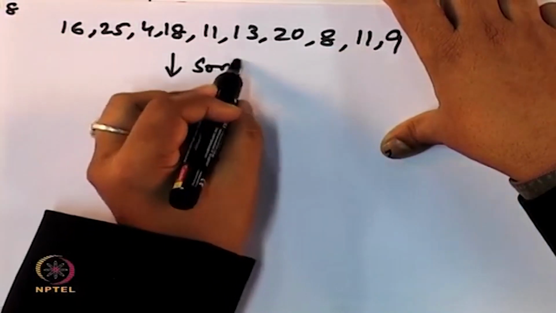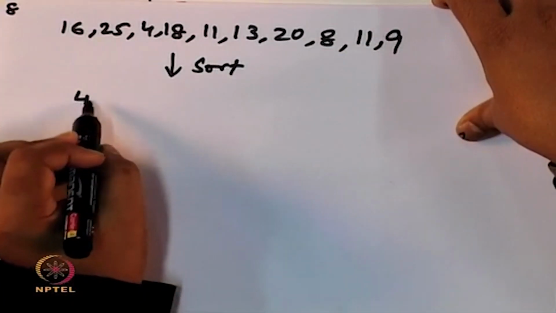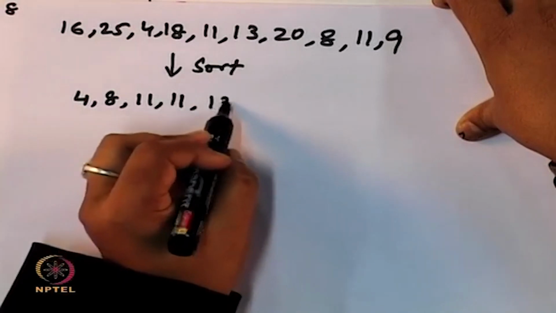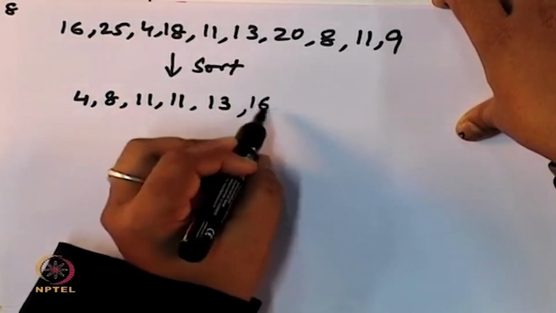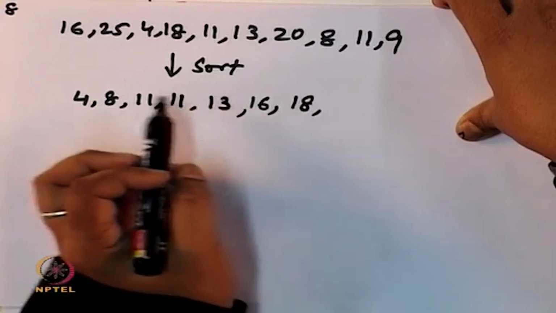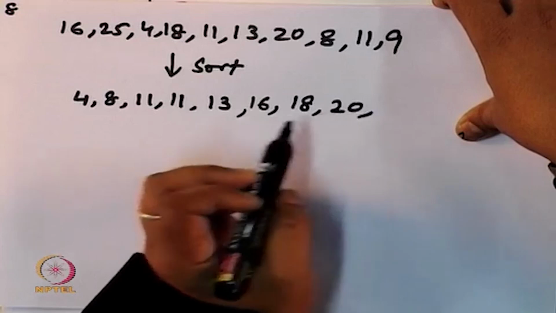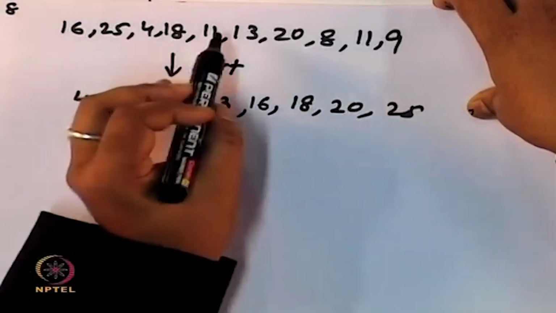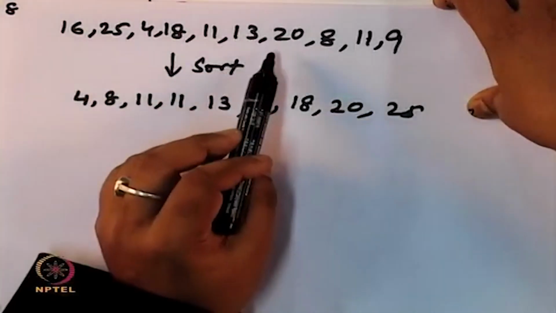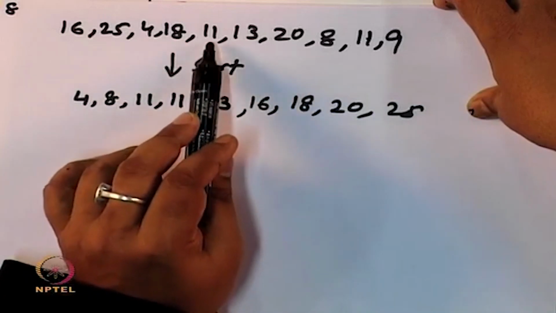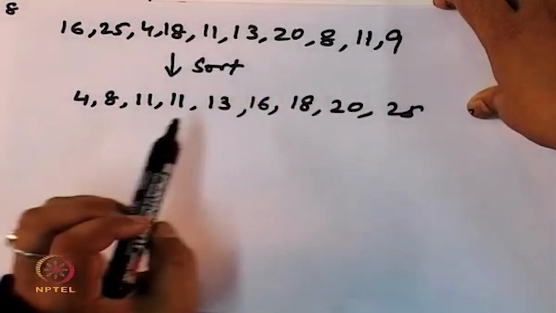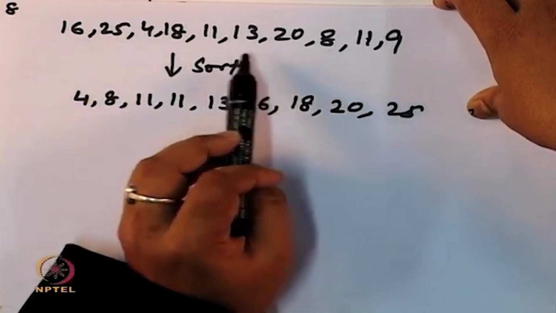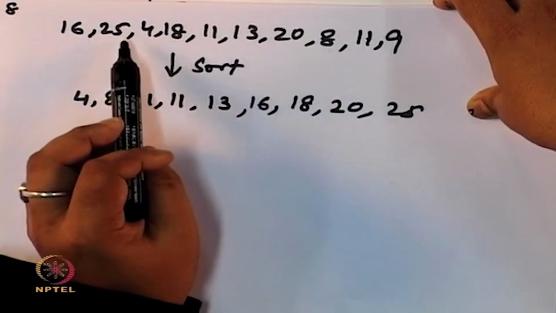The first thing will of course be to sort: 4, 8, 11, 11, 13, 16, 18, 20, 25.